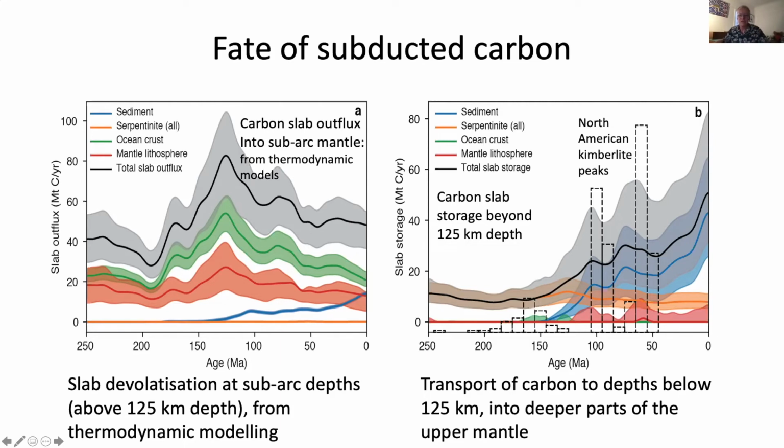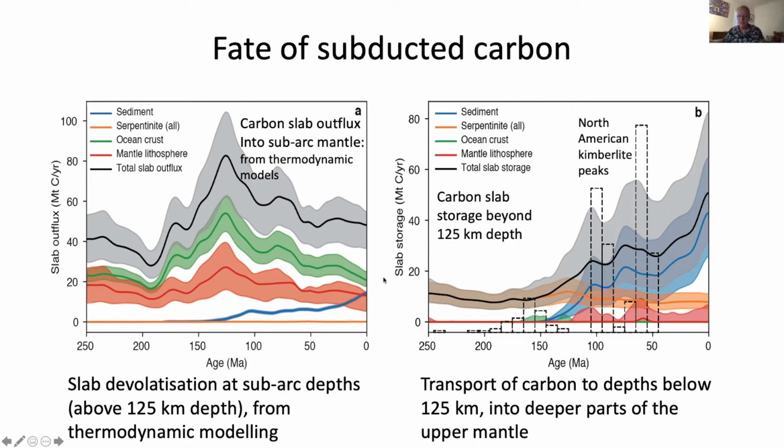And what we are showing on the right-hand side here is the transport of carbon to these deeper mantle depths, and the blue is again the sediments, and the green and the reddish colors are the other components. And we can see right away how the blue curve dominates what's happening here. So much of the carbonate sediments that go down in larger and larger quantities in the late Cretaceous and the Cenozoic, and they don't get devolatilized at shallow depths.